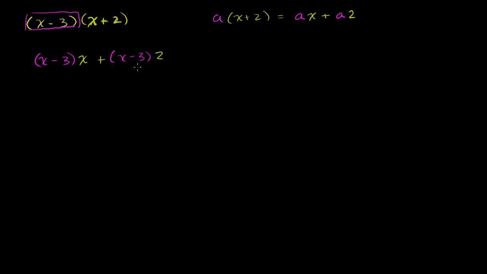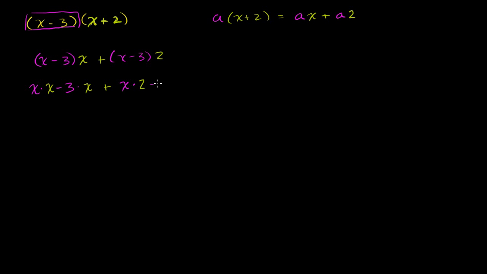And now we would do the distributive property again. In this case, we're distributing the x now onto the x minus 3. We're going to distribute the 2 onto the x minus 3. You might be used to seeing the x on the other side, but either way, we're just multiplying it. So this is going to be, and I'll stay color-coded, x times x minus 3 times x plus x times 2, going through great pains to keep it color-coded for you.